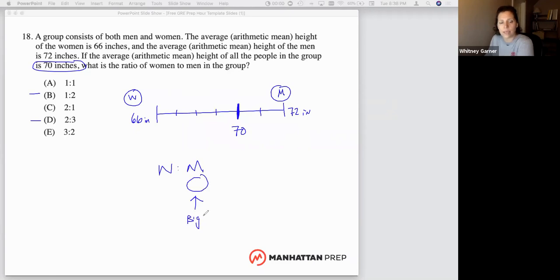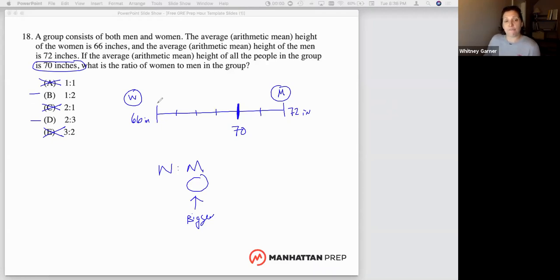What answer choices can I get rid of? Yeah, ACE. Anything where women were equal or larger. So A is out, C is out, E is out, right? I have more men.